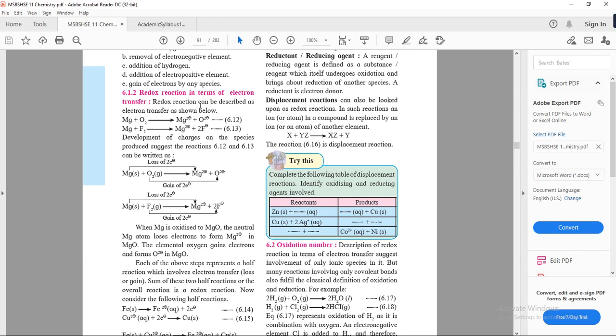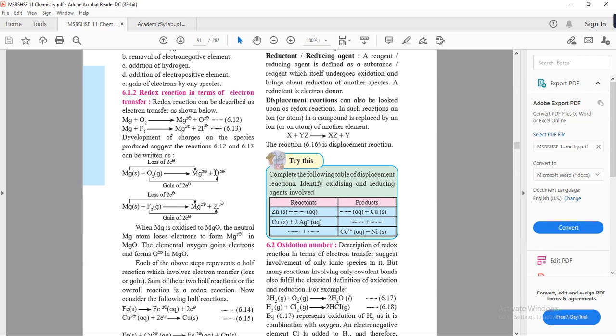So consider this reaction. Redox reaction can be described as electron transfer as shown below. Mg is reacting with O2. The charge of Mg is increasing, to 2 plus, and the charge of oxygen is decreasing. So Mg lost its electron, and O2 is accepting the electron.